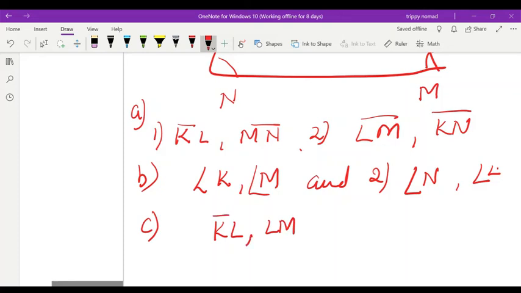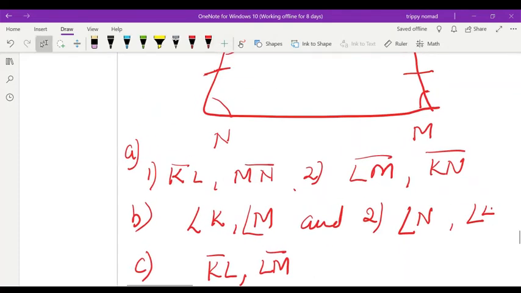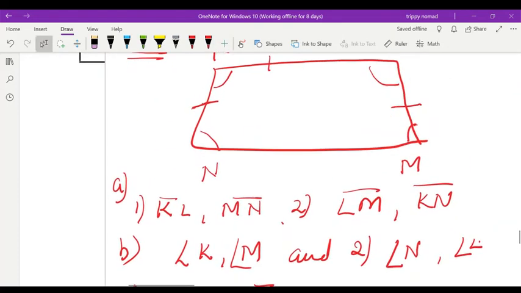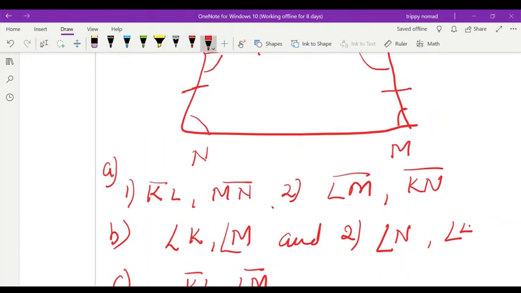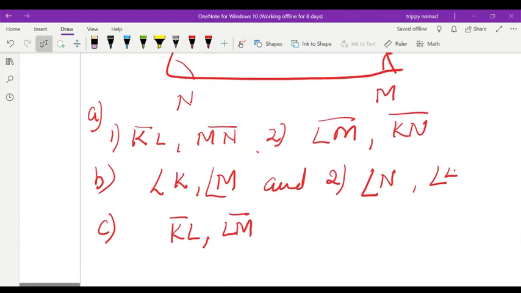Anyone you can write. And if we write LM, in the same way, LM, then MN also. I hope you understood. So these are adjacent sides.